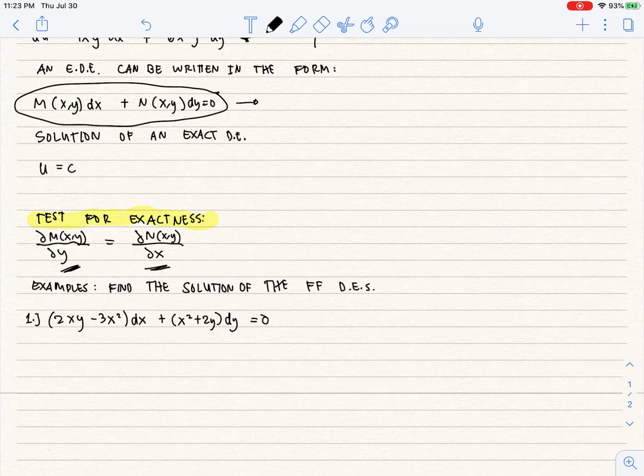If they are equal in value, then we can conclude that the DE we are handling is exact. If not, then that particular DE is a non-exact differential equation, which has a different method of solution. Okay?